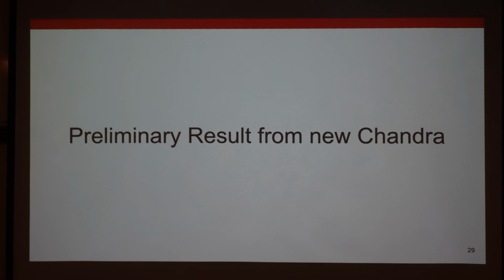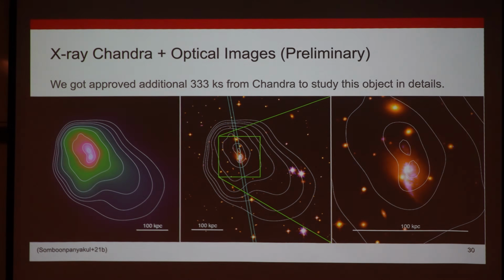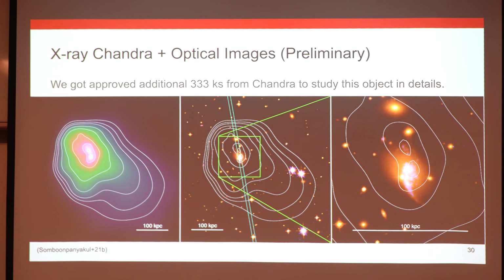But before that, because now it's 2026, I have a new result coming out with the Chandra observation. Let me give you orientation. Here is the image that I already showed you maybe 10 slides ago. I guess people already forgot.